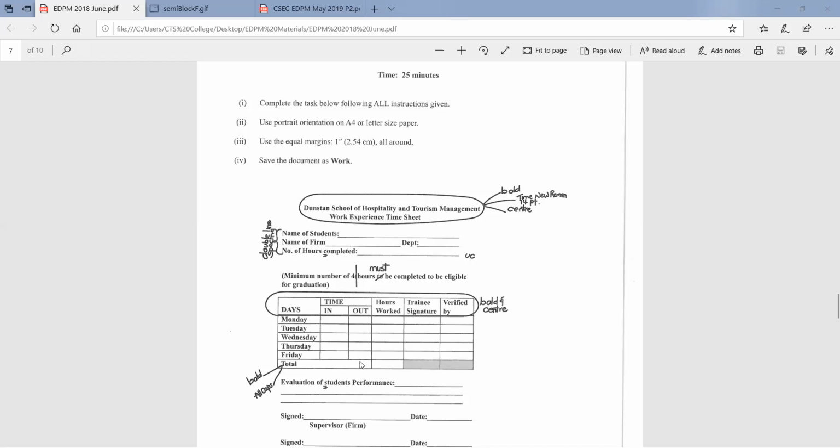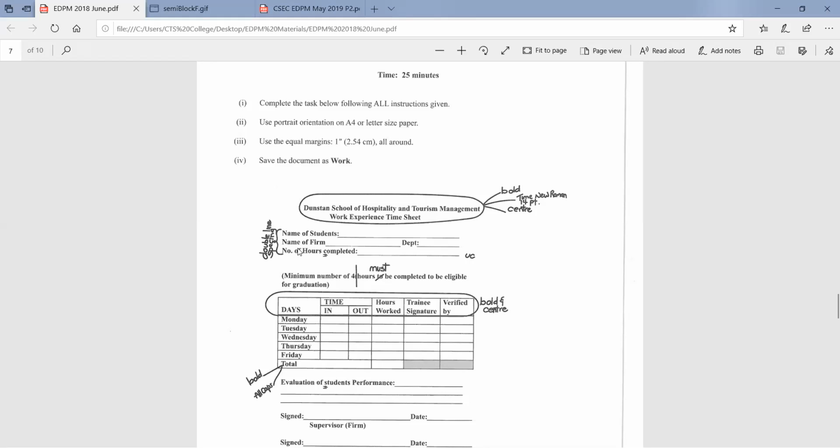Double line spacing. Where do we go to get the option for double line spacing? When you type out your text, right here is your icon, and your grouping for paragraph. Here is your grouping for line spacing, and double line spacing is 2.0. So first, you type out everything, and in the end, you format it.